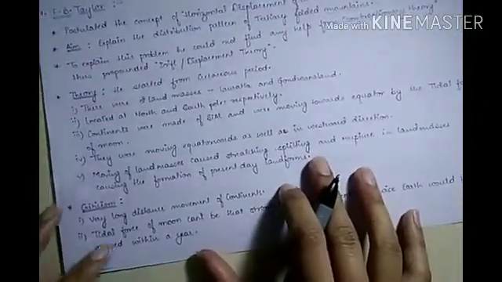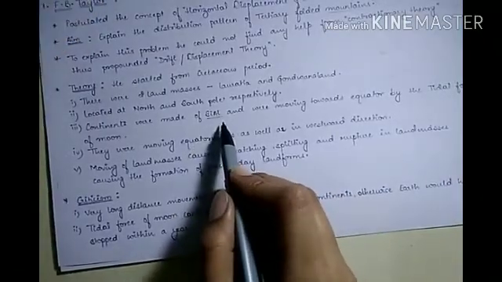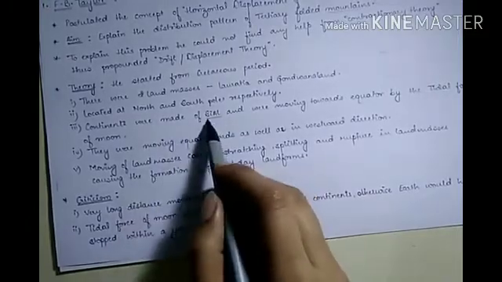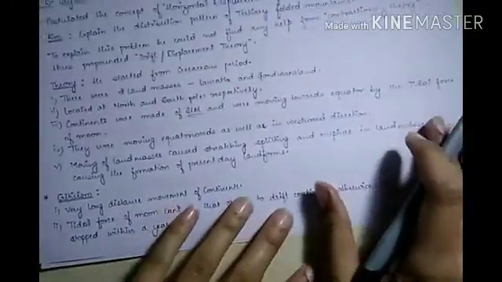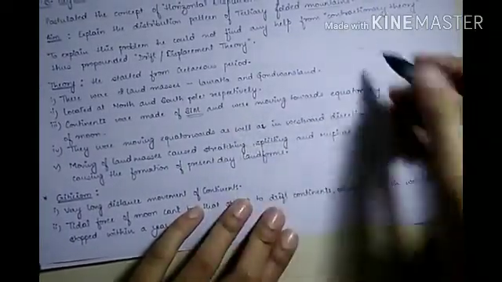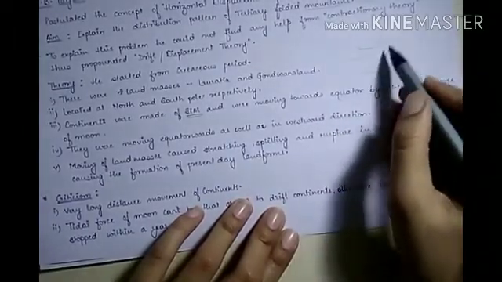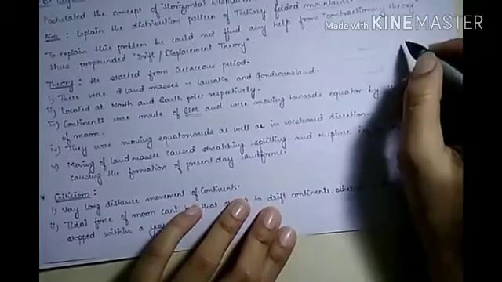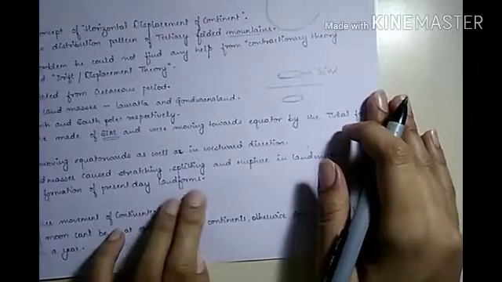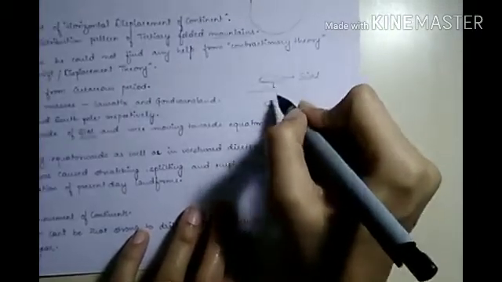The continents were made of Sial, silica and aluminium, and they were moving towards the equator.